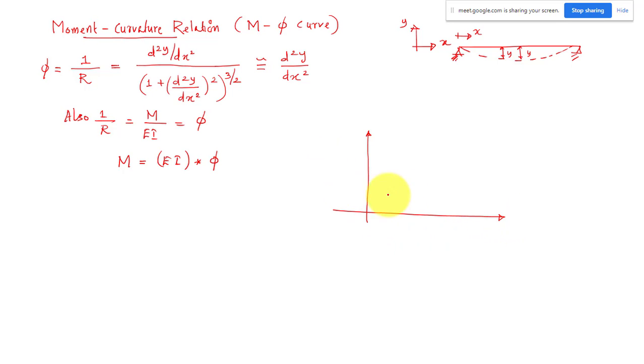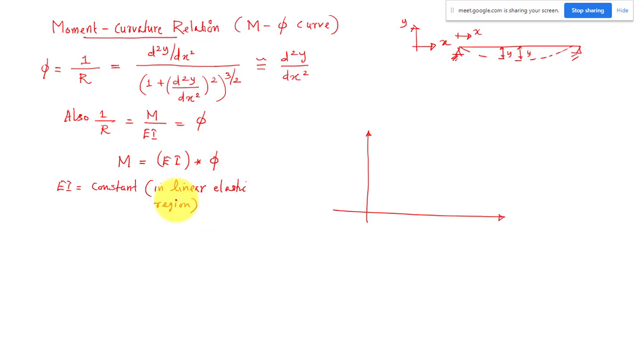M is equal to EI into phi, and EI is constant in the linear elastic region. As long as your loading is linear elastic, your EI will be constant.